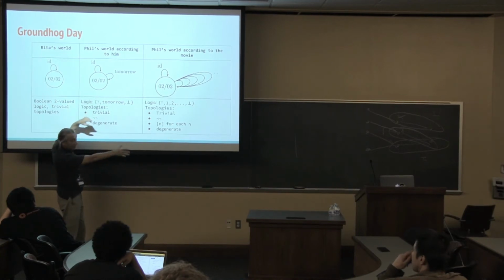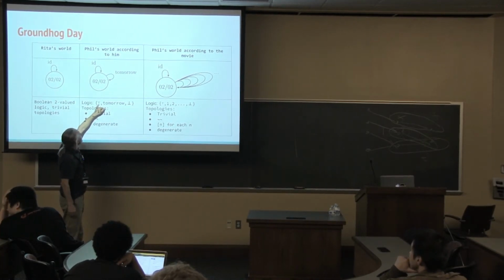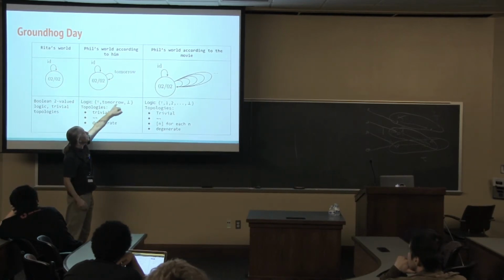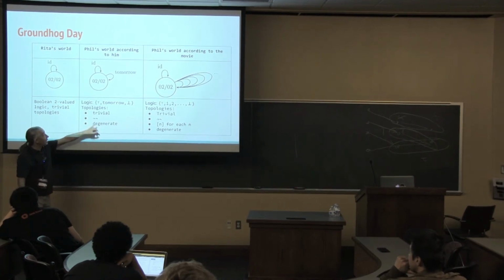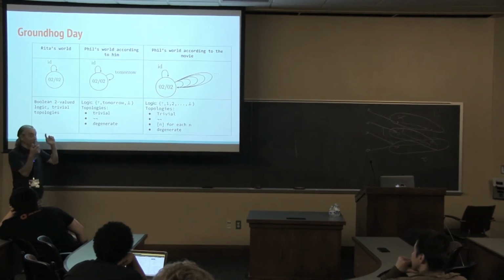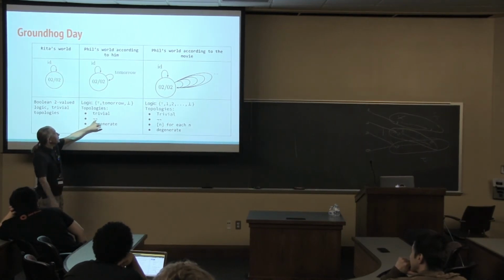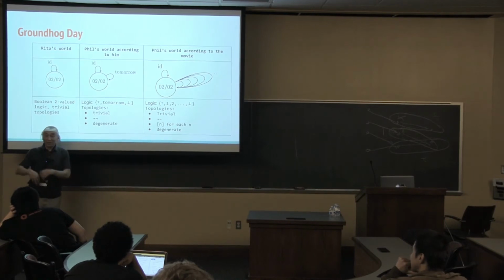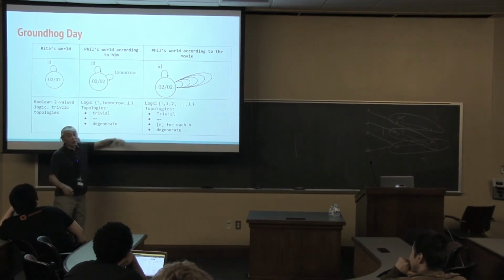Again, it's not a partial order. So the logic would be true, false, and something that happens tomorrow. The topologies here are trivial, meaning always true, degenerate, where we don't care about true or false, and double negation, which applied once will be true tomorrow, and then again.